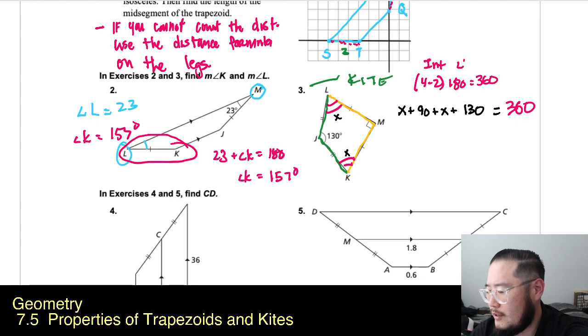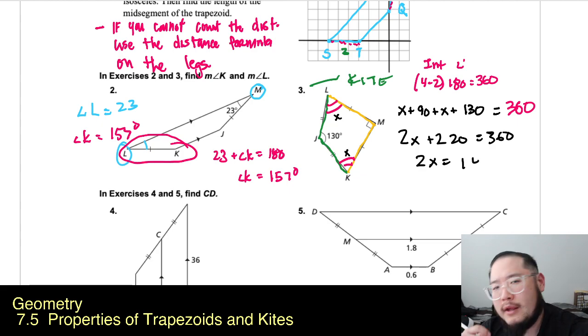And so I've got 2x plus 220 equal to 360. I'll subtract 220 from both sides and end up with 140. And then divide both sides by 2, and x is equal to 70.